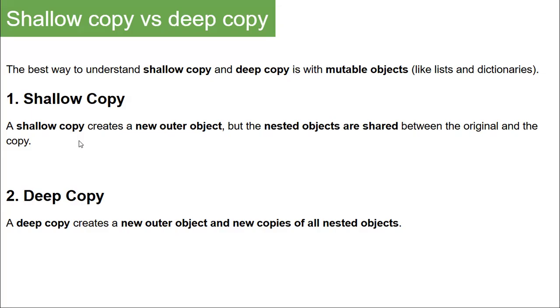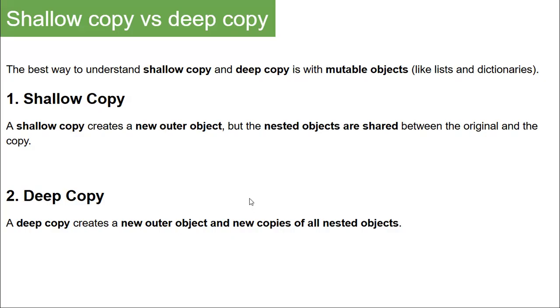I will give the proof, don't worry. And if you are using deep copy, the original object's nested data and the deep copy's nested data addresses are different. Deep copy means always a new address for the outer object and a new address for the nested object.